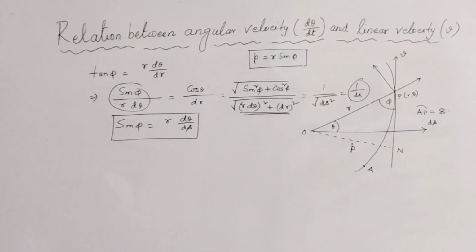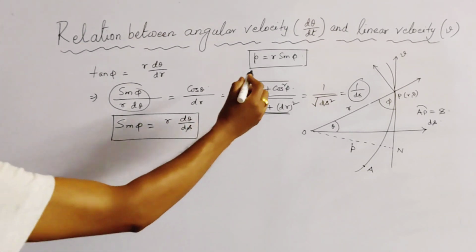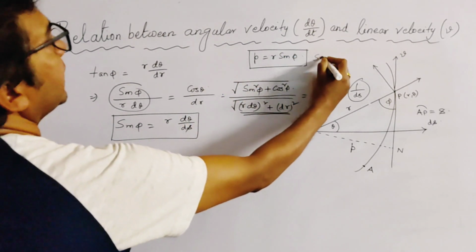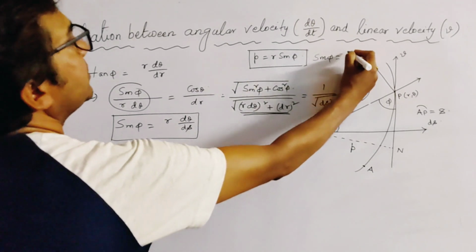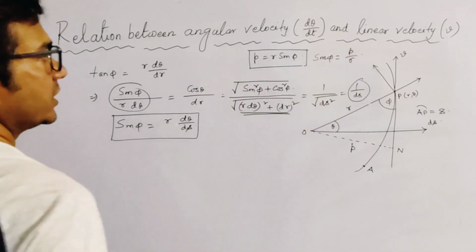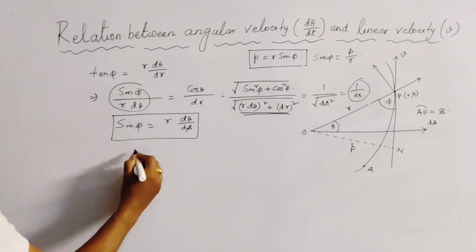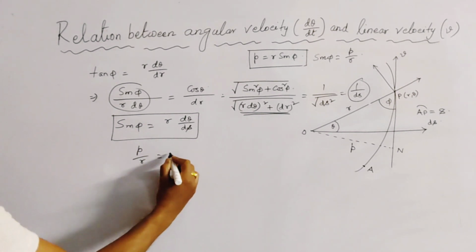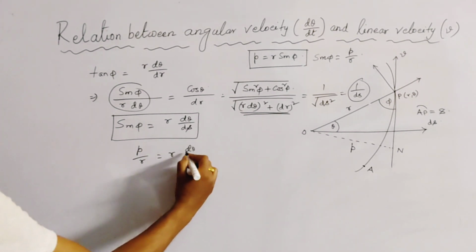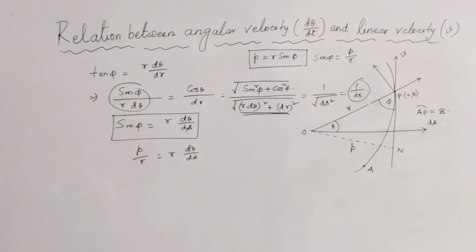Now we already have the value of sin φ. What is the value of sin φ? This is p by r. So we put here p by r equal to r dθ/ds.